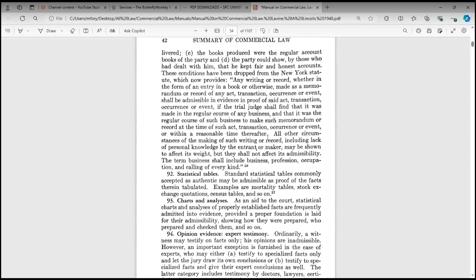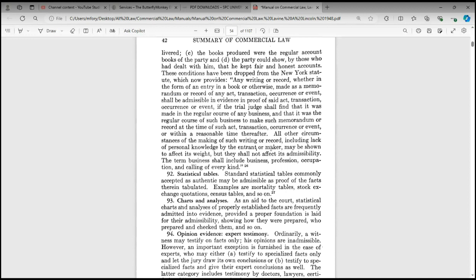All other circumstances of the making of such writing or record, including lack of personal knowledge by the entrant or maker, may be shown to affect its weight, but they shall not affect its admissibility.